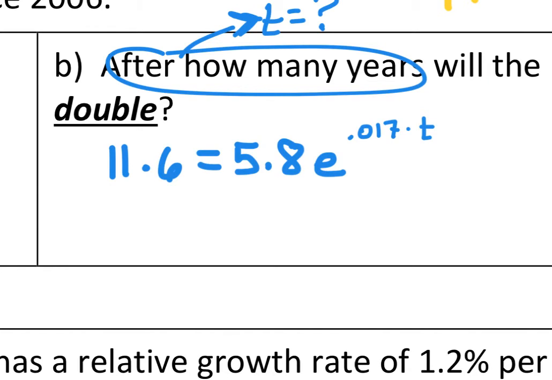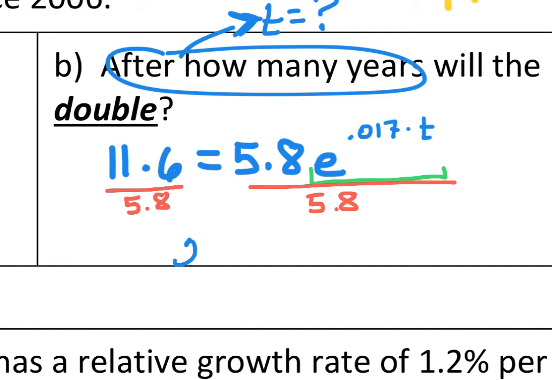Now you really want to get the e with the exponent by itself. And so I'm going to divide both sides here by that 5.8. But we already multiplied 5.8 times 2 to get 11.6. So that whole thing ends up looking a lot nicer. 11.6 divided by 5.8 is 2. E to the, well, it's still an ugly exponent, but e to that power.